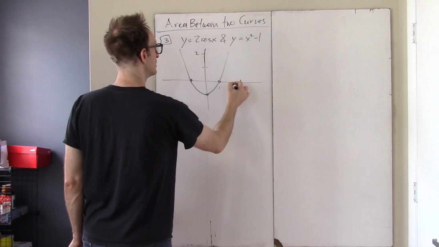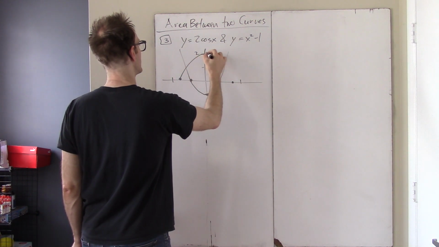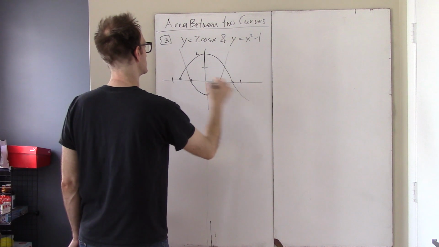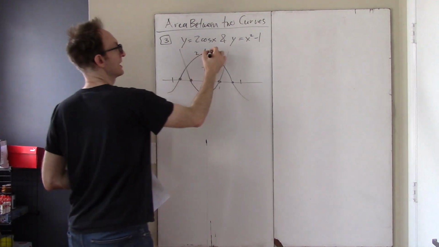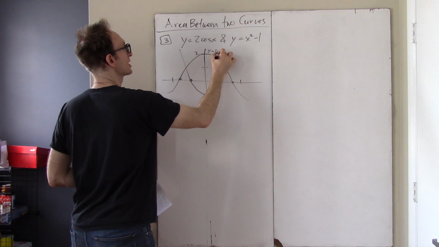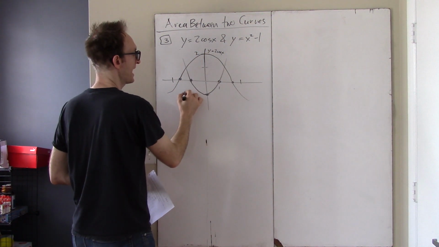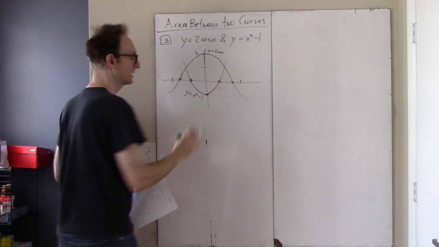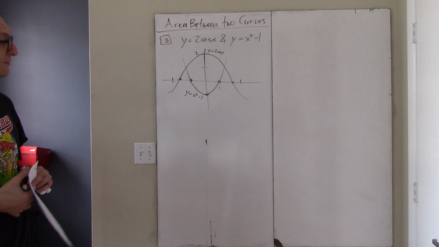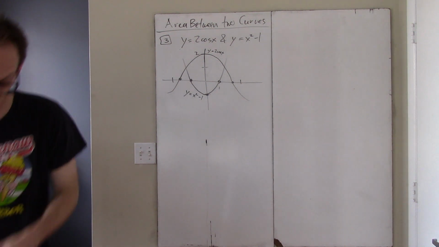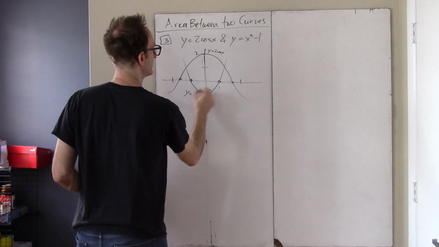So if that's 2, here's going to be my, and we got something that looks like that. Okay, so great. This is y equals 2 cosine x up here. This is y equals x squared minus 1 here. Those two curves define a certain region, and that region is this one.